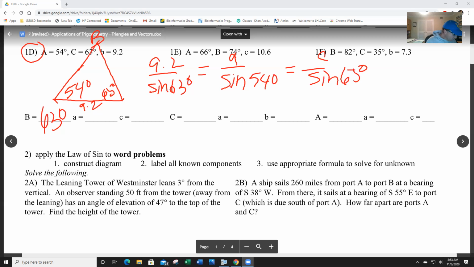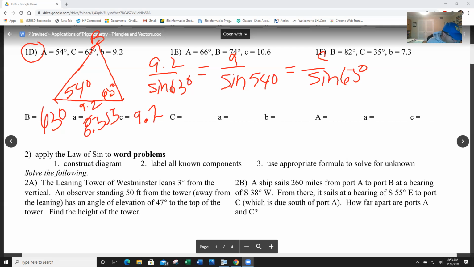And then when you're done, A comes out 8.353, and then C comes out 9.2. Okay?